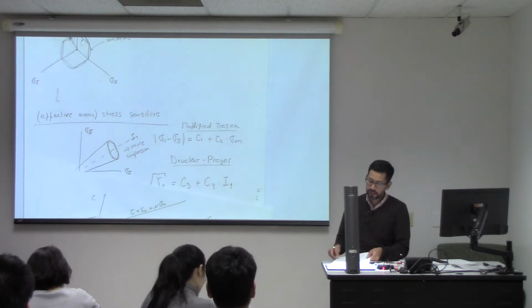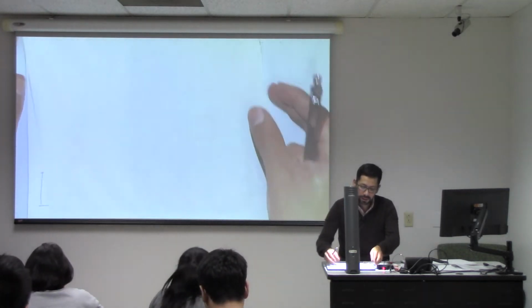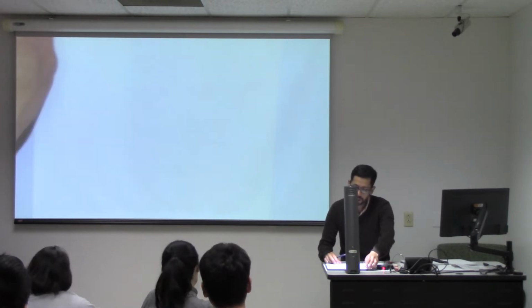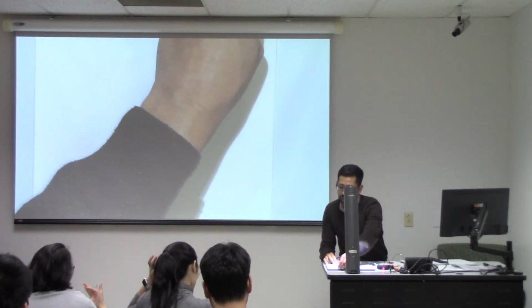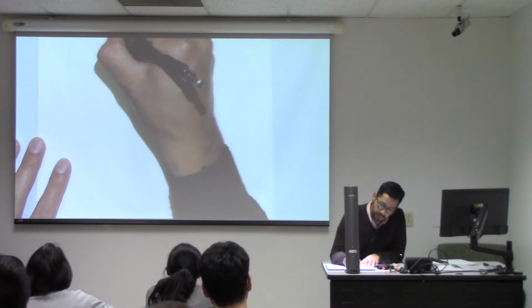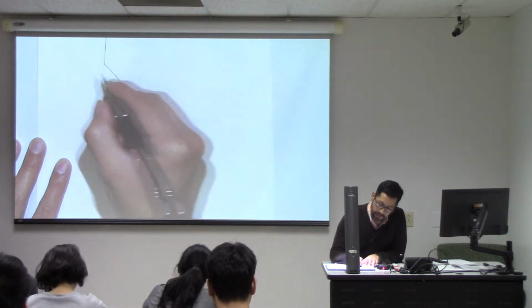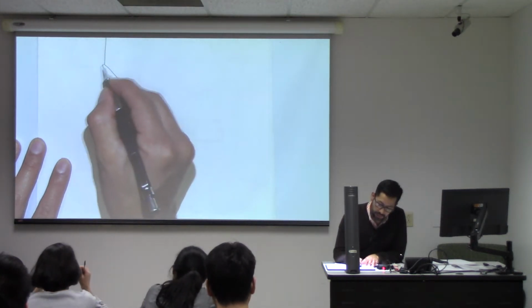Actually, it's not that simple. The Mohr-Coulomb criterion is a stress-sensitive criterion, and it also depends on the values of the first invariant and the second invariant.